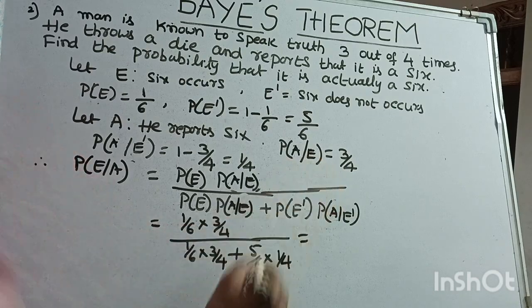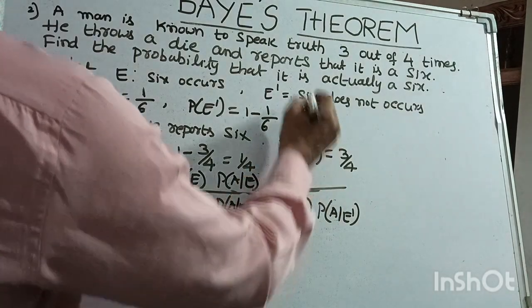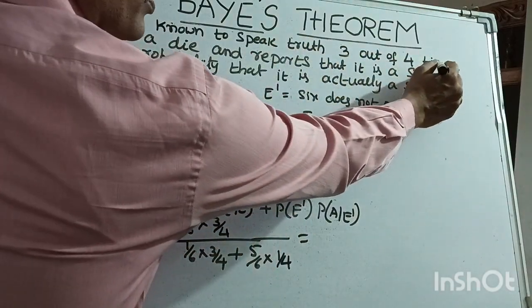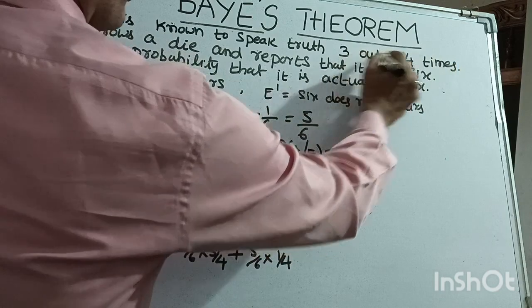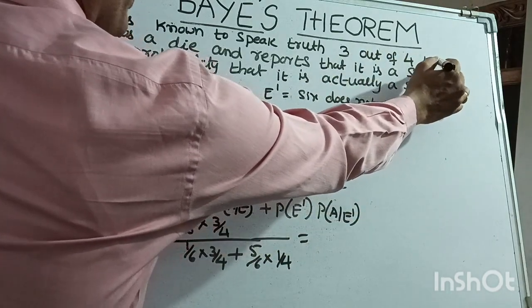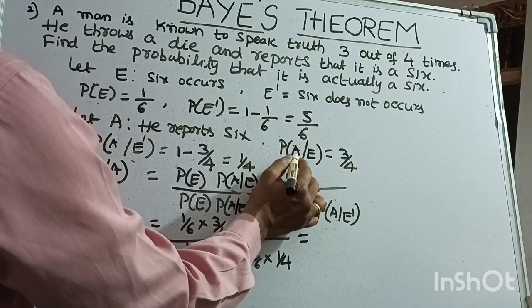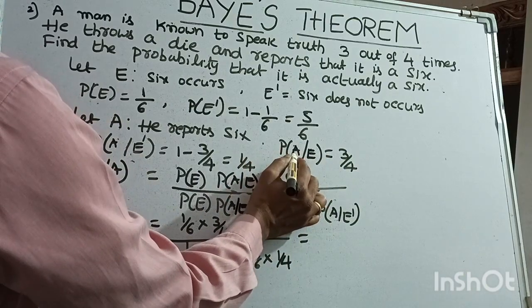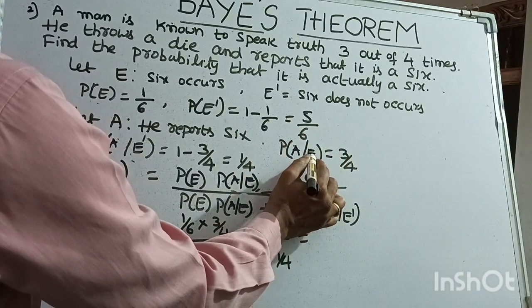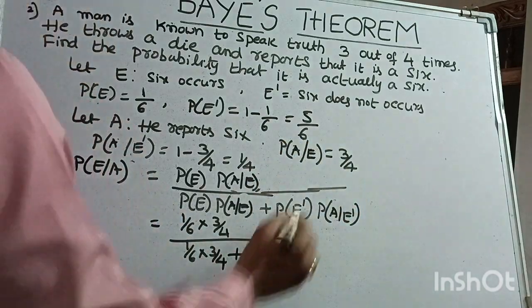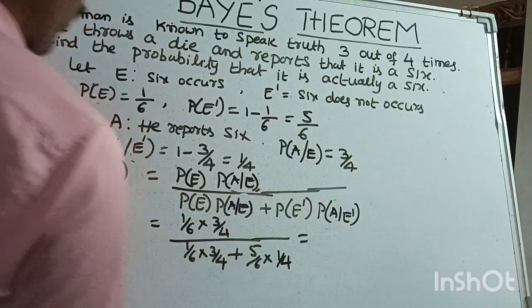So it means it is the probability of truth. It is given that he speaks truth 3 out of 4 times, so the probability of truth is 3 by 4. The probability that he reports 6, given that 6 occurs on the die, is 3 by 4, since both match.